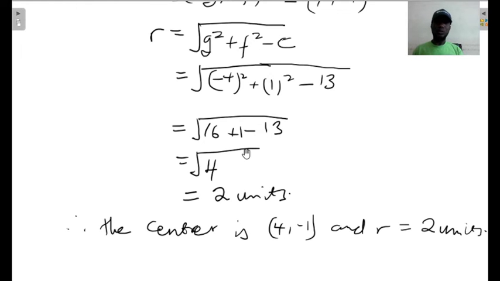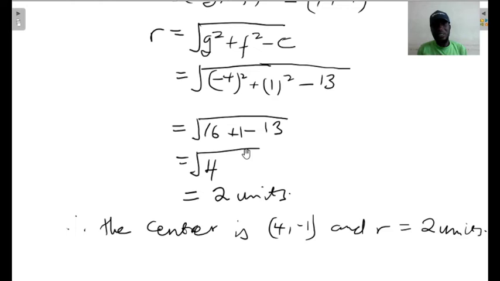Before you go on to the next example, I will have to just quickly add that maybe you may be having a challenge with finding the center and radius. When the equation is stated in the general form, then you can change it yourself into the standard form by using the method of completing the square, and then that one is easier to pick.